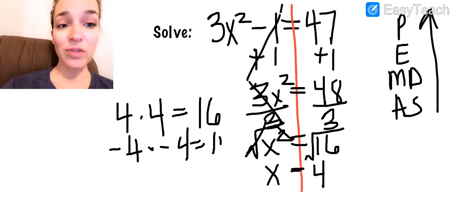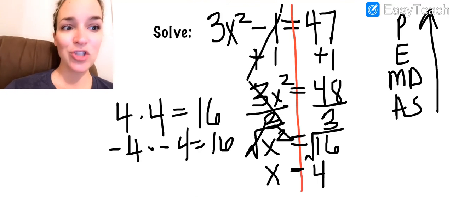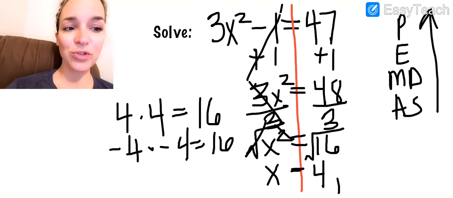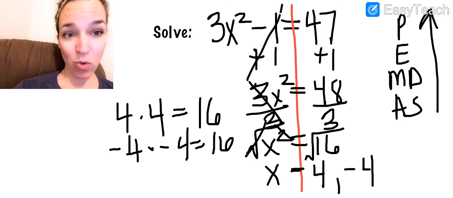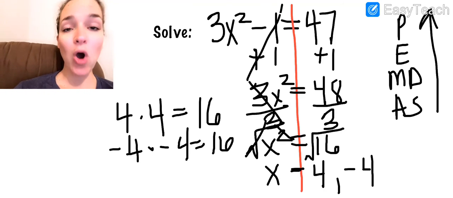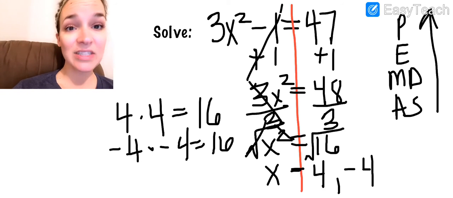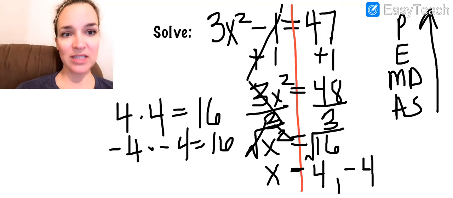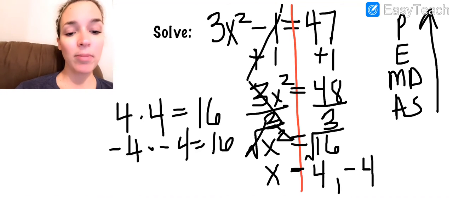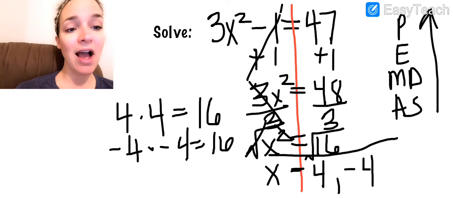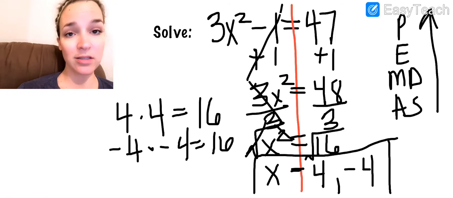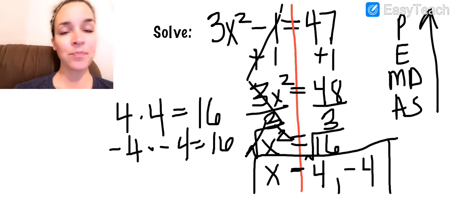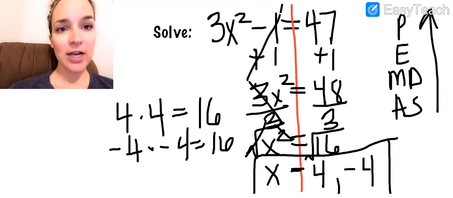That also gives me a positive 16. So actually, I could have a result of +4, or I could have a result of -4, because both of those values squared equals a positive 16. Therefore, they both could be answers when we square root 16. So in a problem like this, you will actually have 2 solutions. Does everybody see that? Let's try another example.